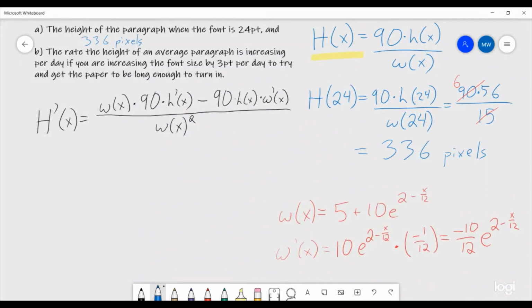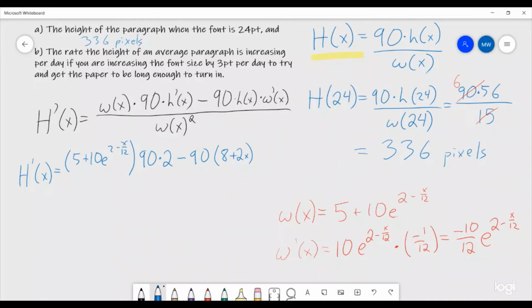So now we can plug in all the different pieces we know. So we know that h prime of x is going to be our width, 5 plus 10 e to the 2 minus x over 12 times 90 times h prime was 2 minus 90 h of x, 8 plus 2x, times our derivative of our width.